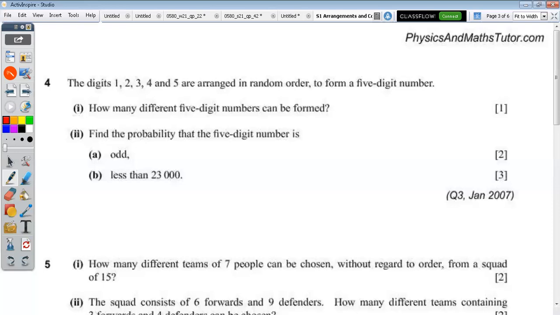And there's 5 digits that can form 5 different numbers. So what's the answer?